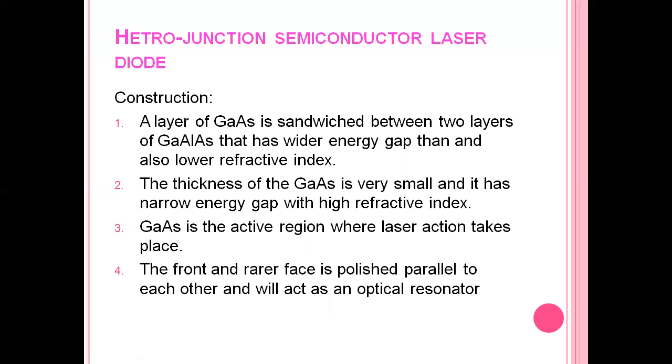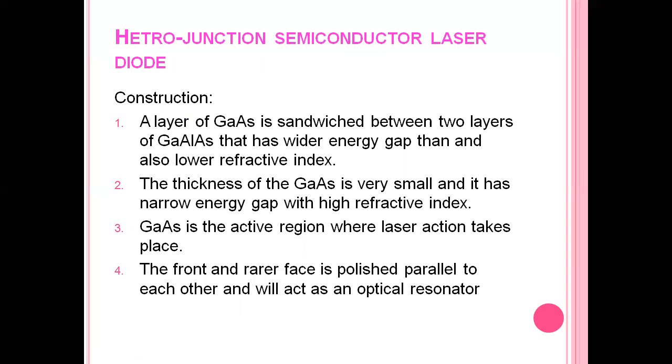So coming to the heterojunction semiconductor laser, the construction consists of gallium arsenide, which is sandwiched between two different p and n materials, which are made up of gallium aluminum arsenide. So this layer of gallium arsenide is in between two gallium aluminum arsenide layers, which have a wider energy gap and lower refractive index.